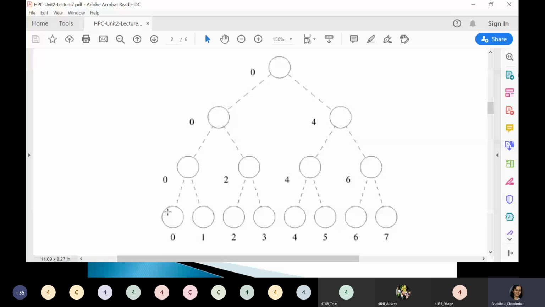Just traverse this single line, so this is all with respect to process 0. Again traverse this line, these two tasks are related to process P2.